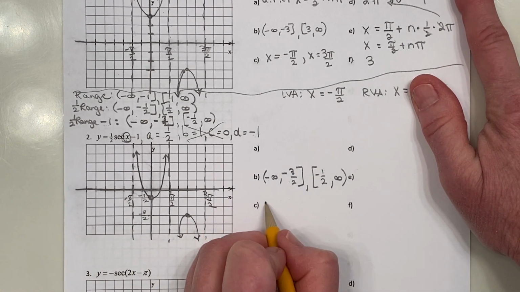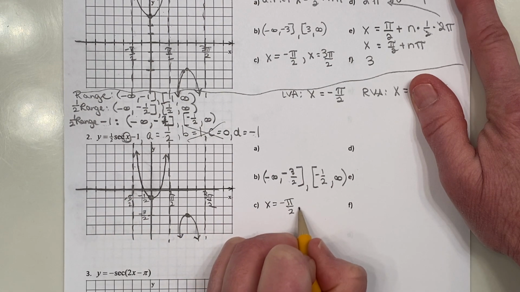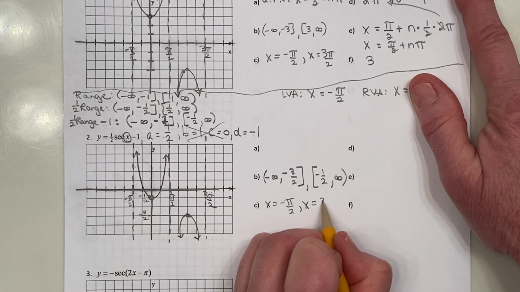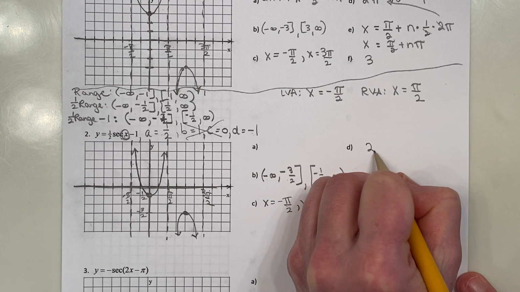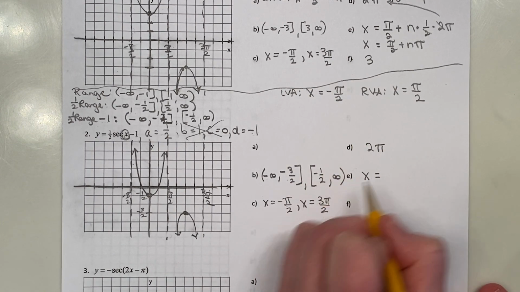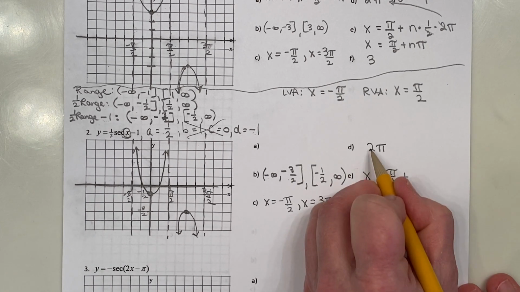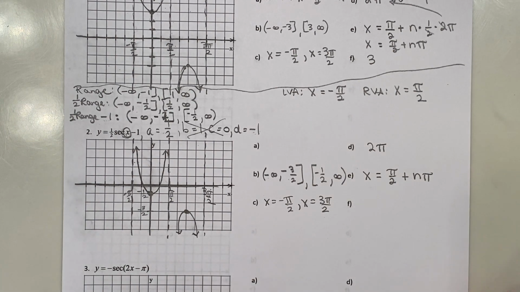All right, C is where the period begins and ends. So the period begins at negative pi over 2. It does not end at pi over 2. We've got to go over here to 3 pi over 2. The period is 2 pi. Vertical asymptotes are x equals, same as the previous problem, pi over 2 plus half of this period, so n times pi.